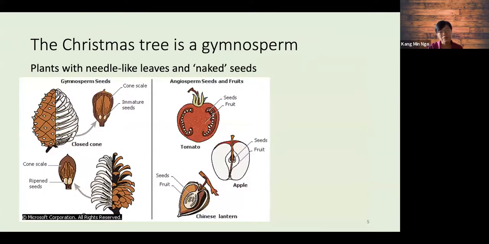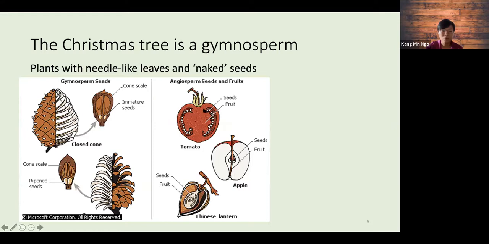Another thing I want to share with you about the Christmas tree is that it is a gymnosperm. It may sound like a big word, but basically gymnosperms are plants usually with needle-like leaves, and they always have naked seeds. When we think about seeds, you think of the fruits that we eat, which are fleshy, and inside the fruit there are usually seeds.